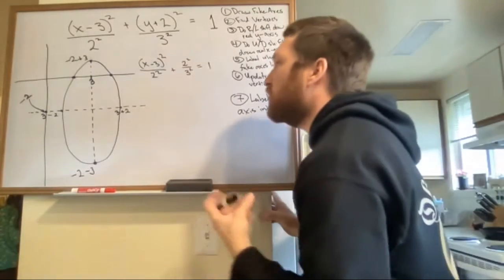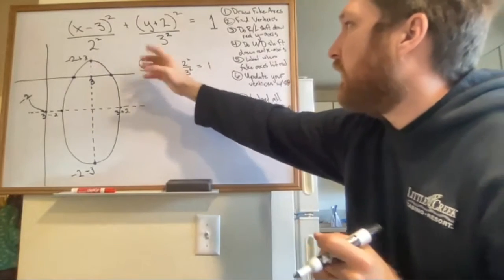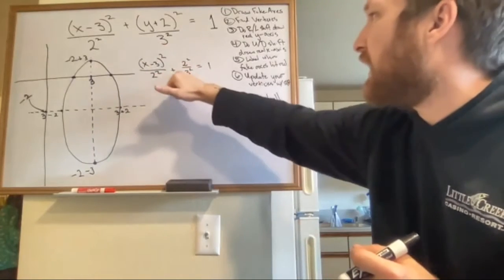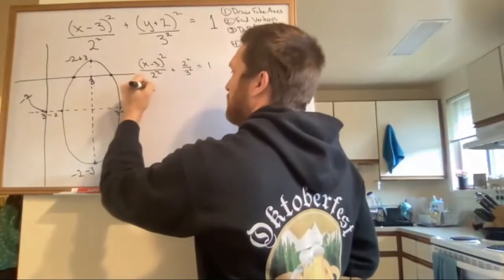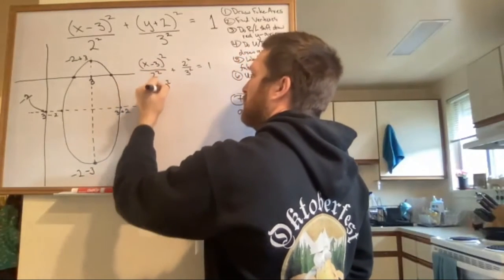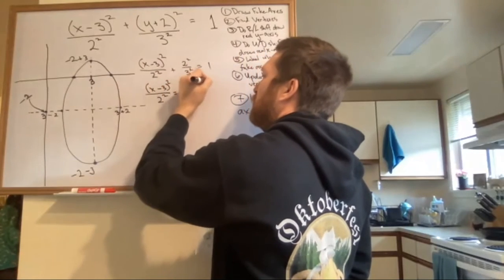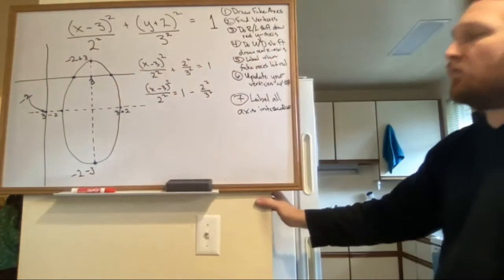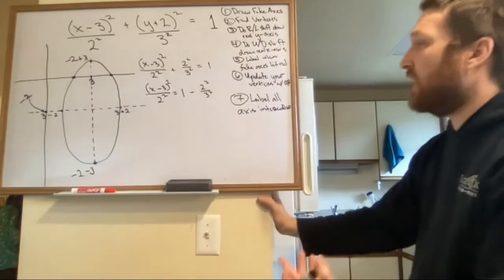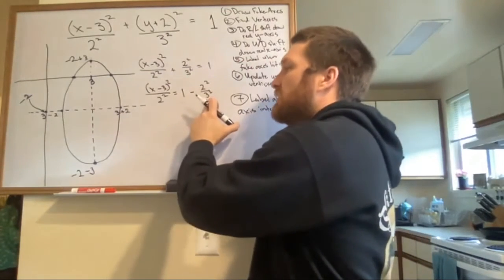Of course, I know what I'm trying to do. I'm trying to solve for x, so I'm trying to get him by himself. I'm working my way out and seeing, okay, you got to get rid of this guy next. And so when I do that, I'm going to do it like this. So (x minus 3) squared over 2 squared equals 1 minus 2 squared over 3 squared. If I wanted to, I could write that as 4 over 9. I'm going to leave it, though, as over 3 squared.